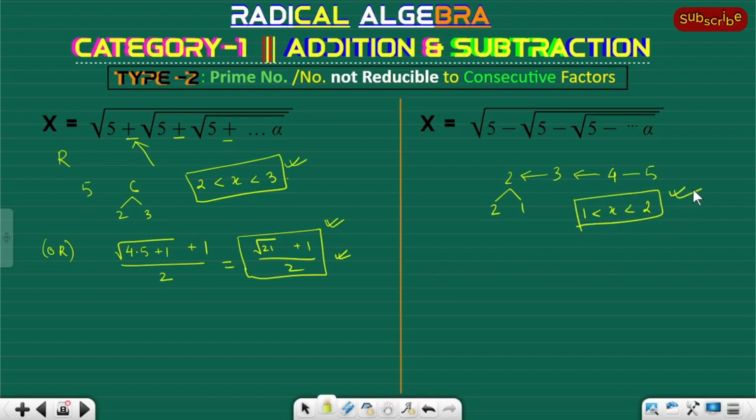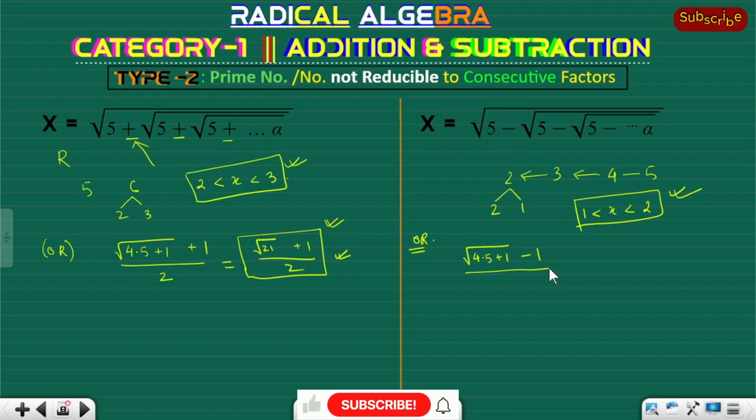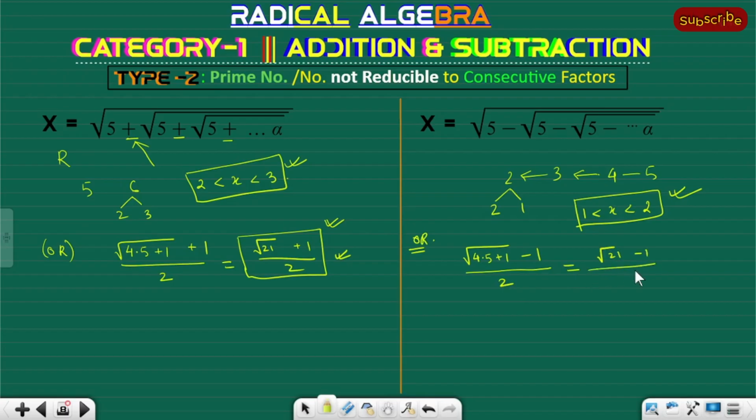This is one answer. Or we can use the direct formula. Root over 4 into 5 plus 1. Here it is negative, so it will be minus 1 divided by 2. This is nothing but root 21 minus 1 by 2. Either this is the answer or this is the answer, based on the options.